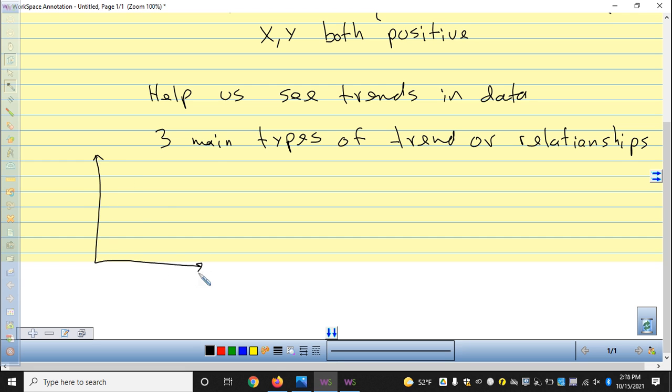The first way is if we have something like this, and we plot our points, and our points look like this. More or less. When our data looks like this, we say there is a positive correlation.